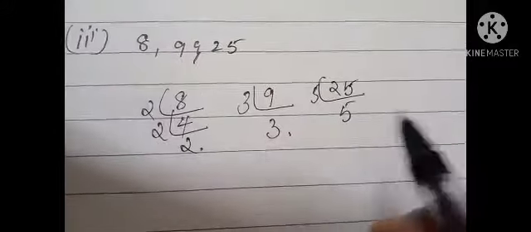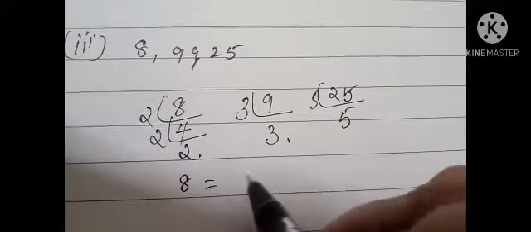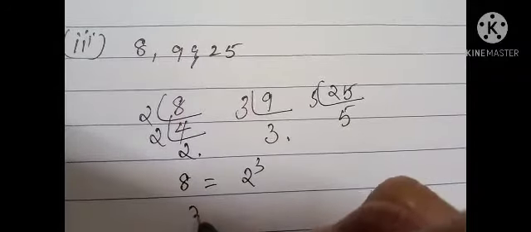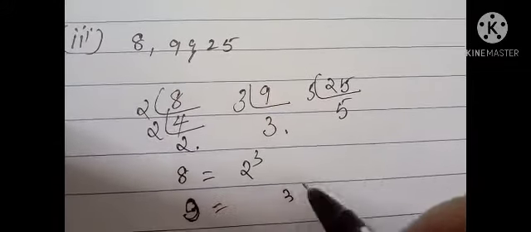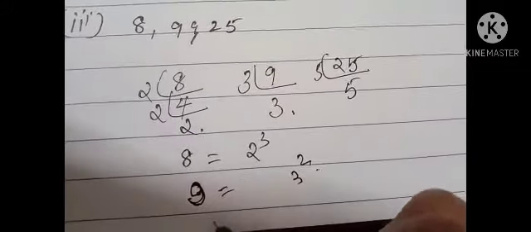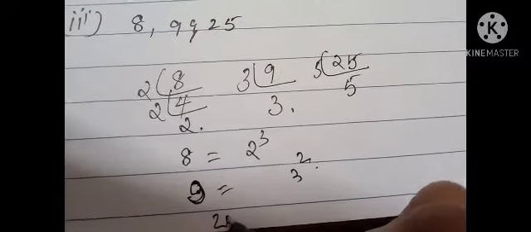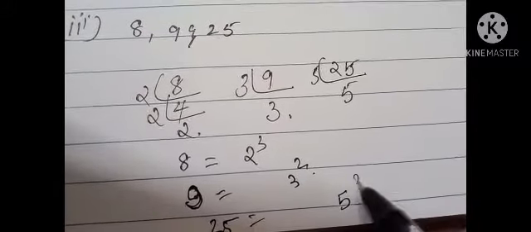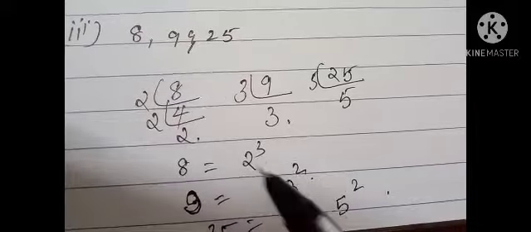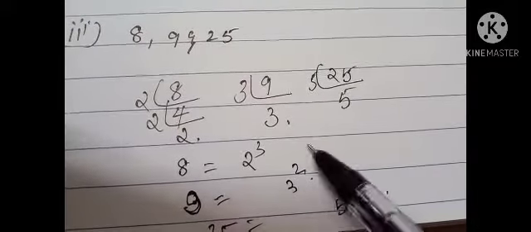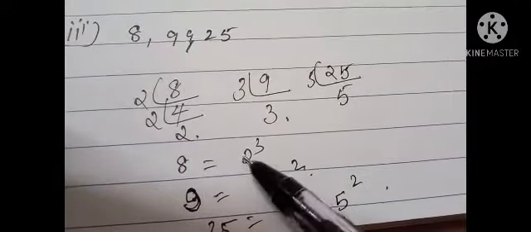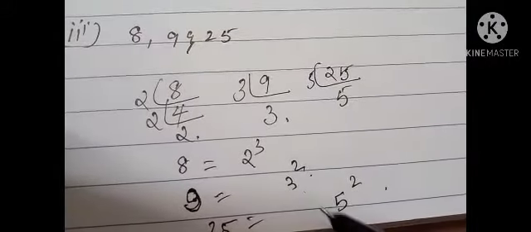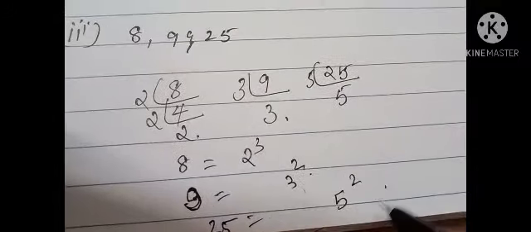Then we can write 8 equals 2 cube, 9 equals 3 square, and 25 equals 5 square. Right? We wrote it in this way because there is no term with 2 in 9 and 25, and no term with 3 and 2 in 25, so we can arrange it this way.